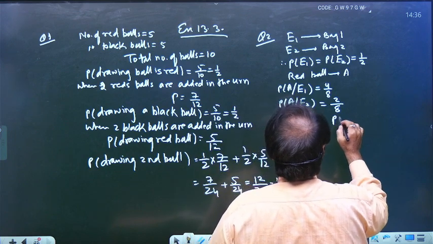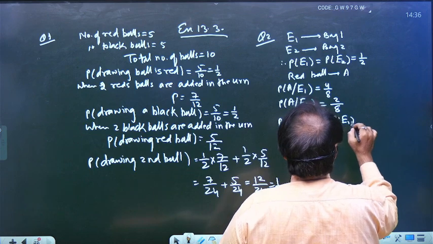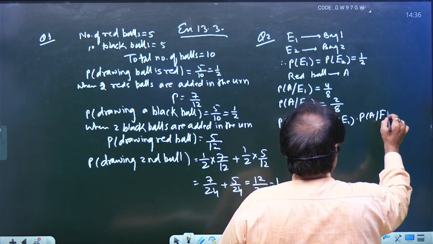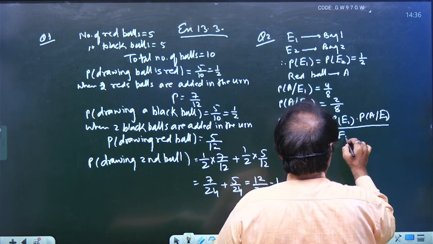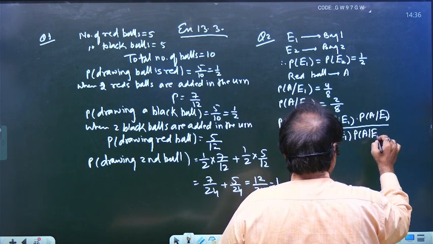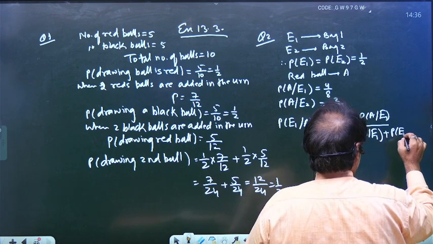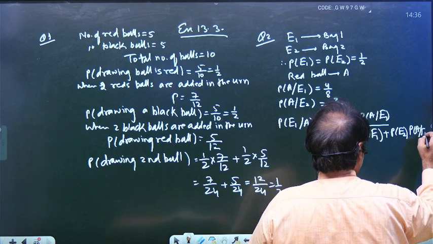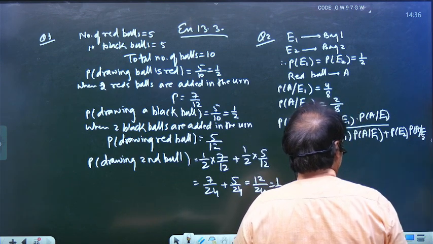So probability of E1 by A is equal to probability of E1 into probability of A by E1, upon probability of E1 into probability of A by E1 plus probability of E2 into probability of A by E2.